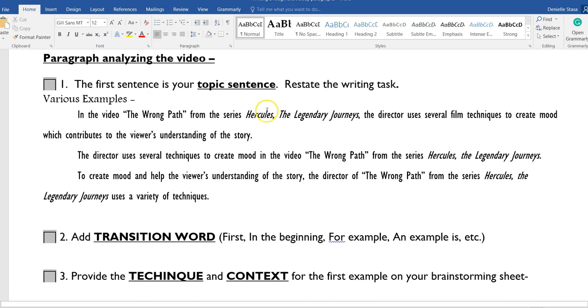So again, we're going to write a topic sentence, restating our task. So some examples in the video, The Wrong Path. That's the title of the episode. From the series, Hercules, The Legendary Journeys. So that's the TV show. The director uses several film techniques to create mood, which contributes to the viewer's understanding of the story. Other examples, the director uses several techniques to create mood in the video, The Wrong Path. From the series, Hercules, The Legendary Journeys, or to create mood and help the viewers understand the story.